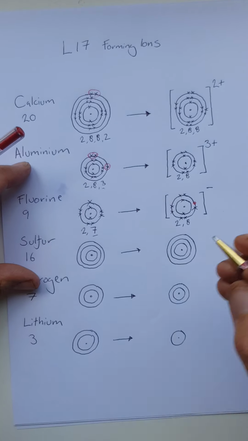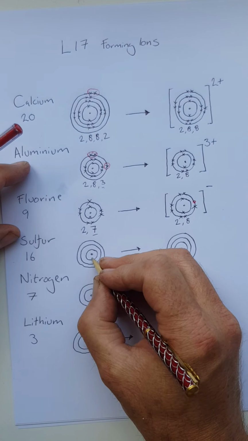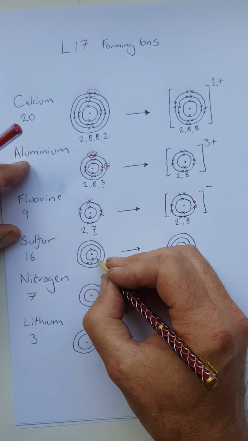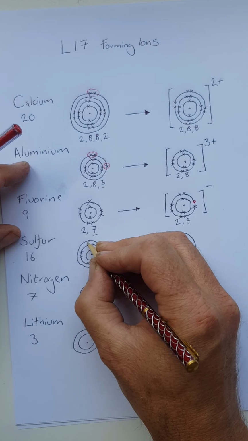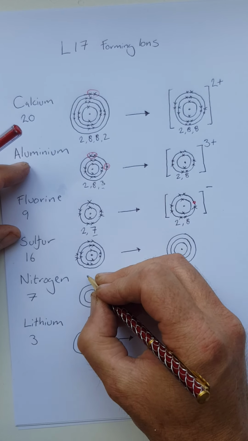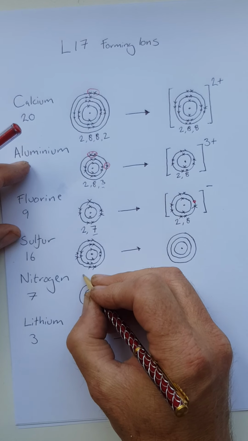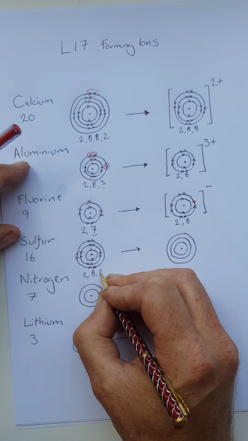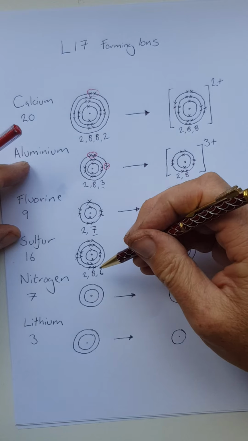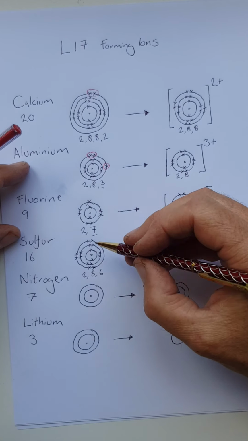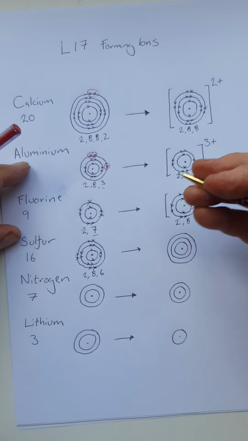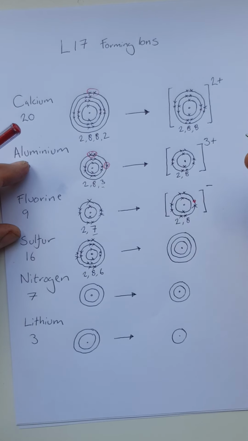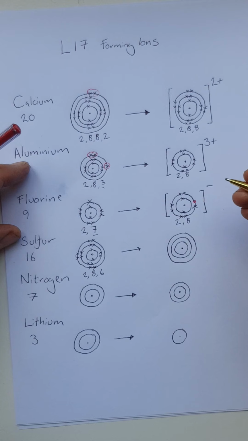Okay, on to sulfur. Right, sulfur: 1, 2, 3, 4, 5, 6, 7, 8, 9, 10, 11, 12, 13, 14, 15, 16, 2, 8, and 6. Sulfur is in group 6. Now again, that's not a full outer shell, and so it's not going to lose 6 electrons. It would be a big deal if it did. So what it's going to do is gain 2 electrons.